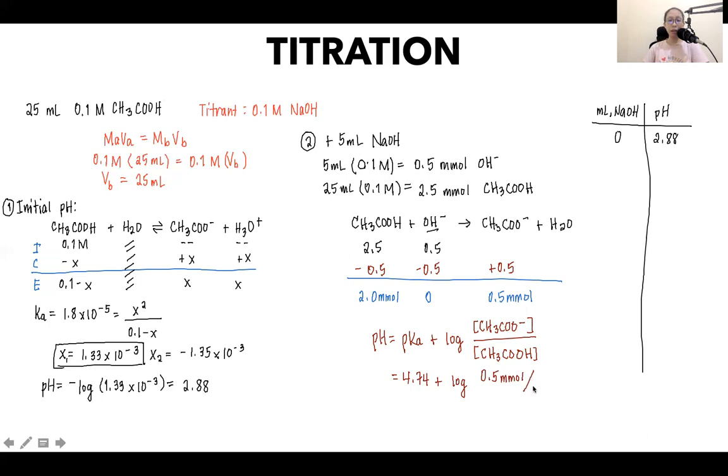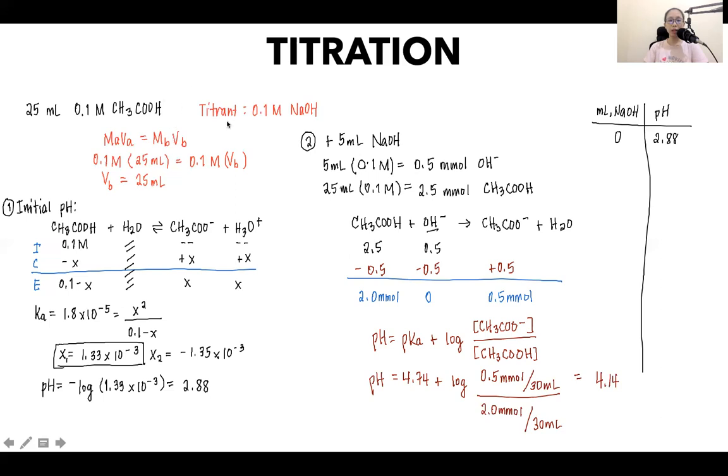Now the volume is 25 plus 5, the final volume of the solution. So that is 30 ml, divided by, we have 2 millimole of acetic acid left in the 30 ml solution. So now the pH is equal to 4.14.